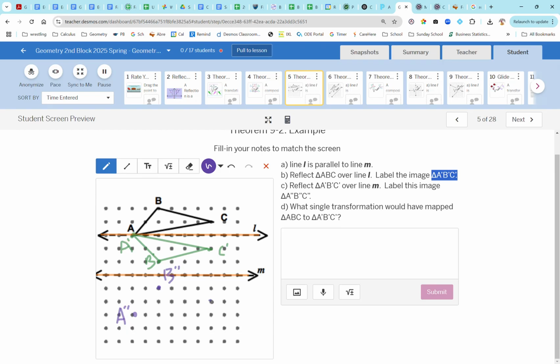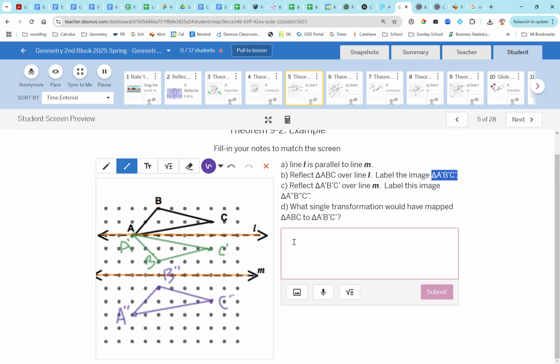C double prime will be 2 below the line M. Once again, we'll connect the dots here, and you can see that we have created a new triangle, the exact same size and shape of the one above, but it has been slid all the way down to here. So it does ask us what single transformation would have mapped ABC to A double prime, B double prime, C double prime.